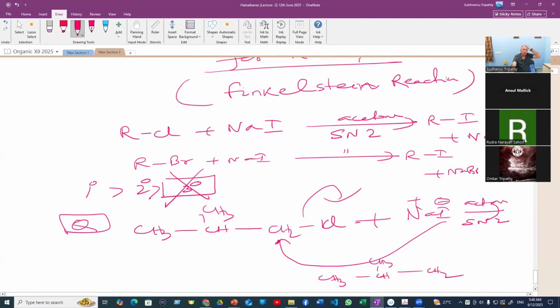But we cannot know, this is 1 degree, the inversion cannot be felt unless you label it with deuterium. If this carbon is labeled with a deuterium to make it chiral, then only you can visualize and prove that the mechanism is SN2.